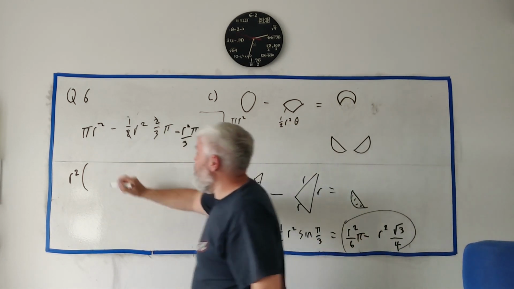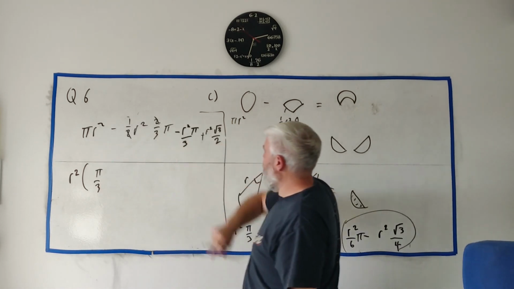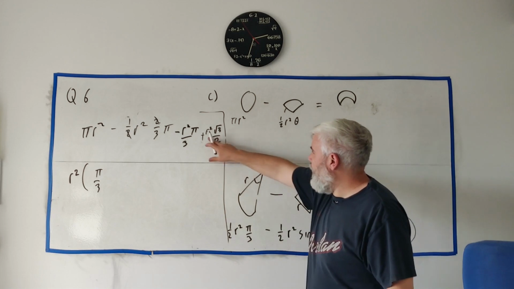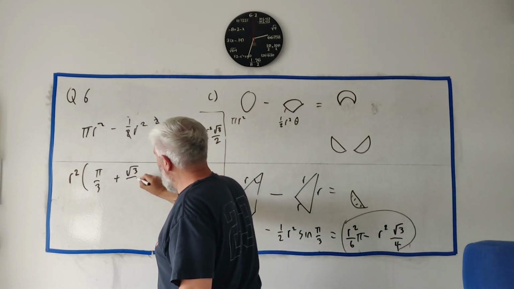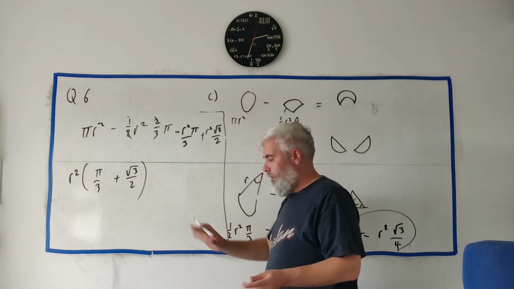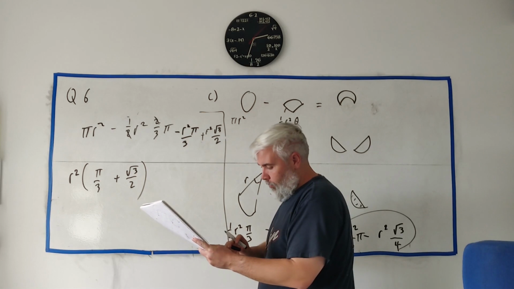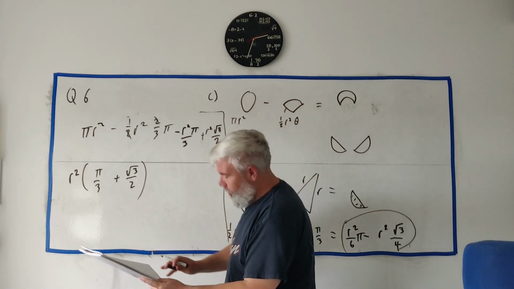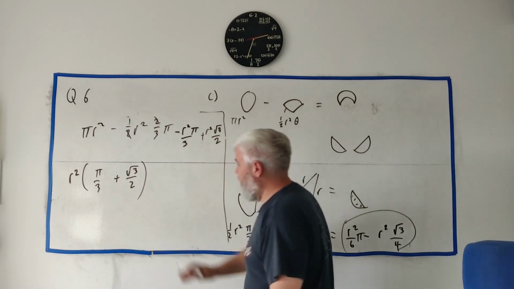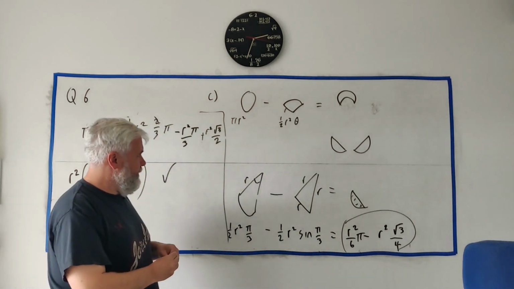I'm confusing myself here. Pi over 3 is left when you put these all together. This guy has r squared outside, and we're left with plus square root of 3 over 2. That's as neat as I can get the answer, and I'll just check my notes, which have the answer. I haven't taken r squared out of these notes, but still, that's the same answer. Yeah, this is correct. Full marks for this.